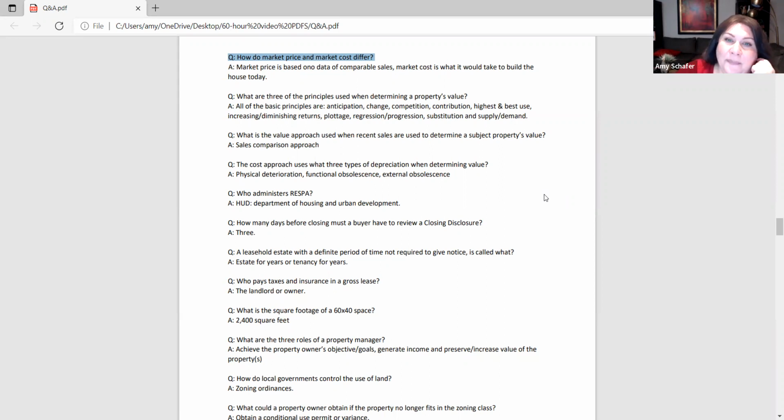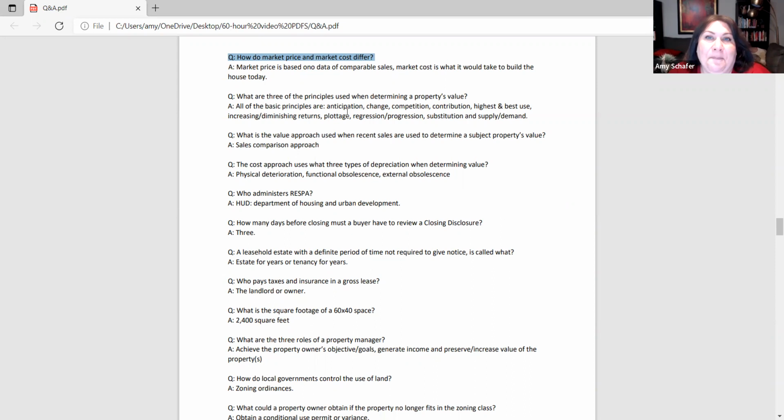based on data. There are several basic principles of determining value: anticipation, change, competition, contribution, highest and best use, increasing, diminishing returns, plottage, regression, progression, substitution, supply and demand. Anticipation, I want to hit a few of these.